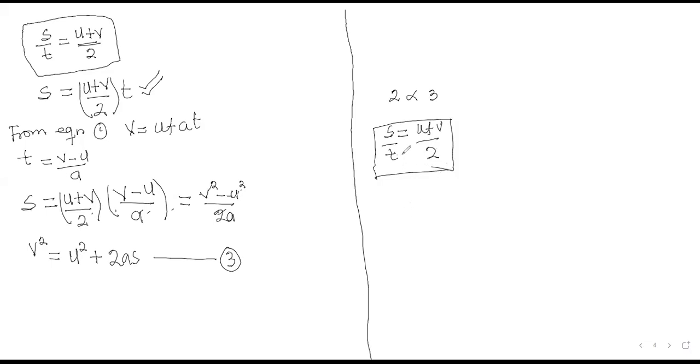For the second equation of motion, using equation 1, V is equal to U plus AT, just substitute this in place of V. And to derive the third, make time the subject in the same first equation and then substitute.